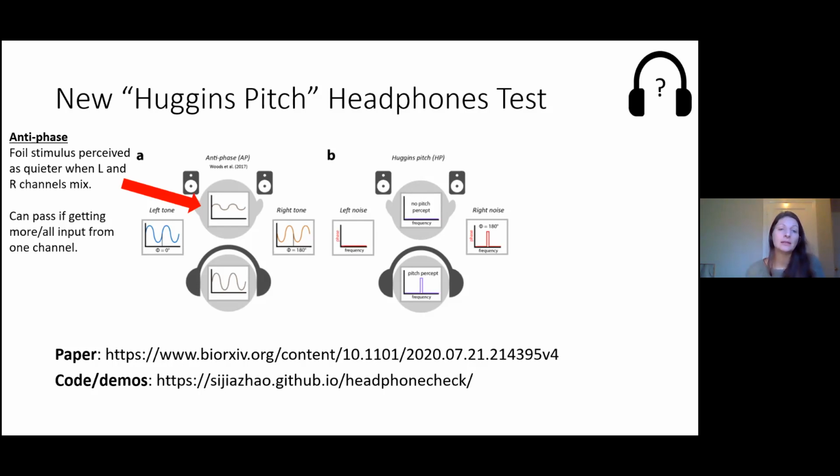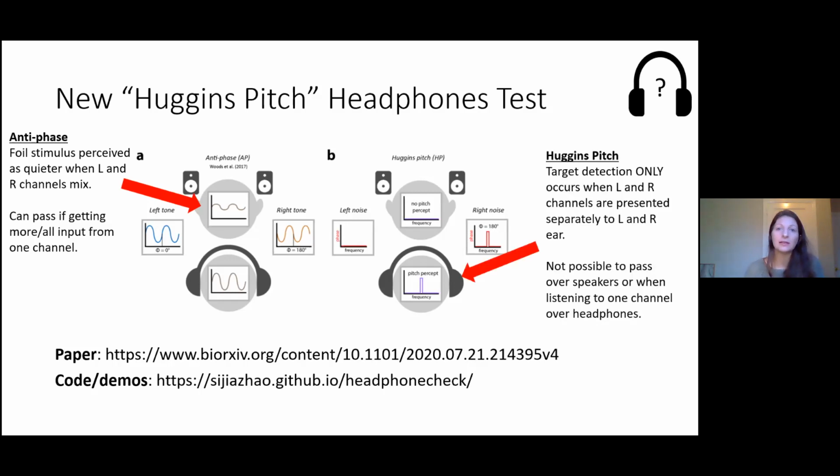And what that means is it's possible to pass this test if you're getting all of the input, or one of the input, from just one of the two channels. So they're not really mixing equally before you hear them. That might mean you're listening with just one earphone or headphone on. It might mean that it's sensitive to your head placement and the placement of your speakers in the room. And of course, if one of your speakers is broken or something. So anything that affects the mixing of the two channels.